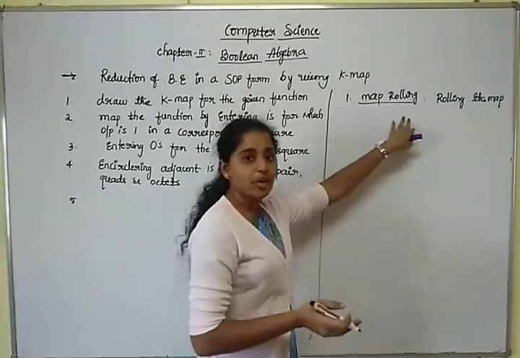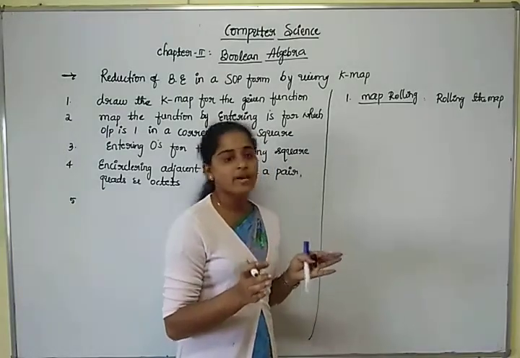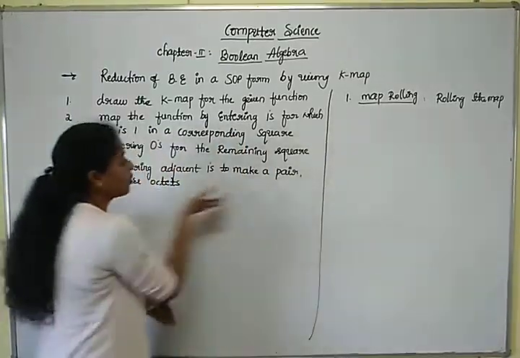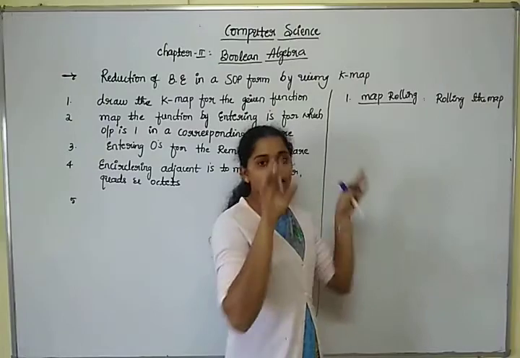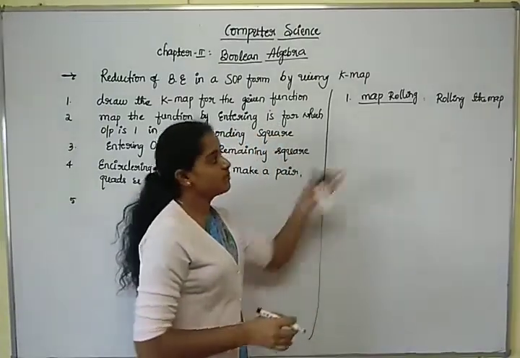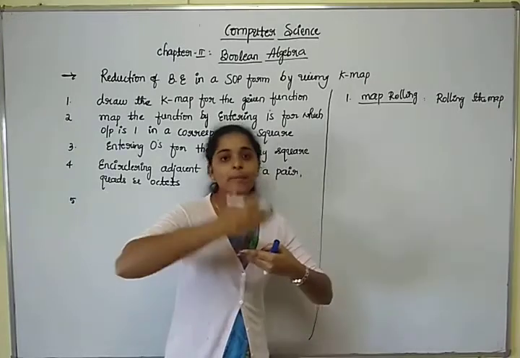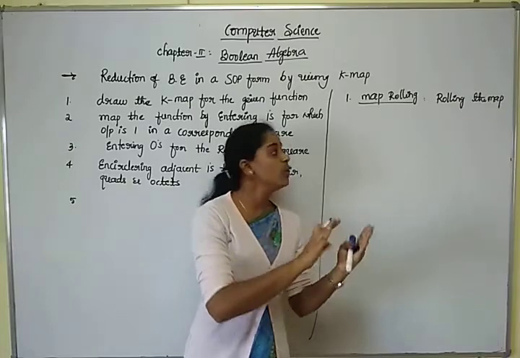In map rolling, opposite edges are to be squared and the corner squares are contiguous. So while making pairs, quads, and octets, the map must be rolled in a given function.